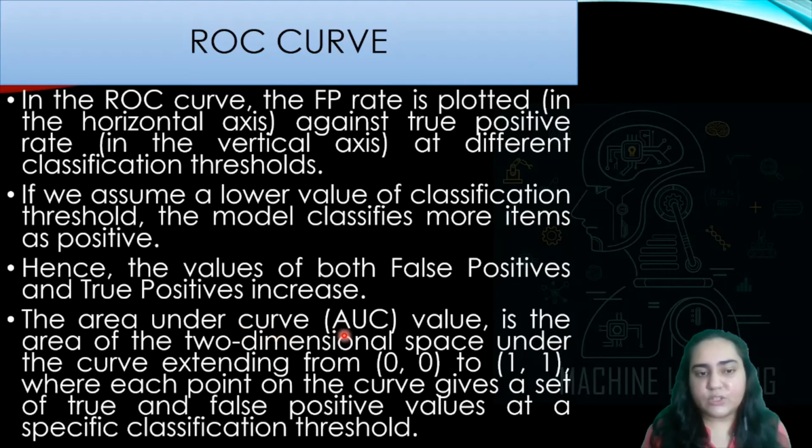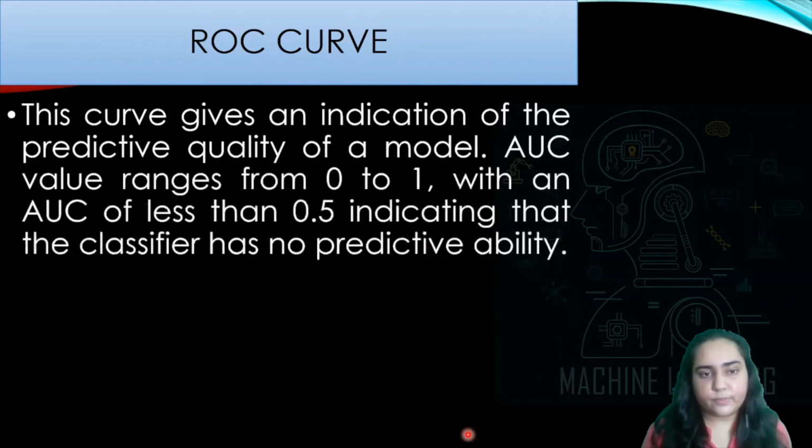And you can measure the area under the curve, which we will be seeing now, extending from 0,0, the origin, to 1,1, where each point on the curve gives a set of true and false positive values at a specific classification threshold.